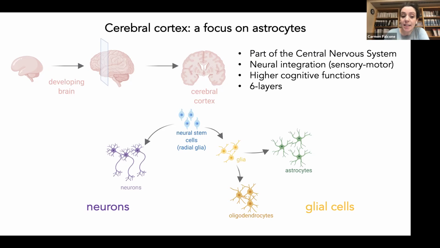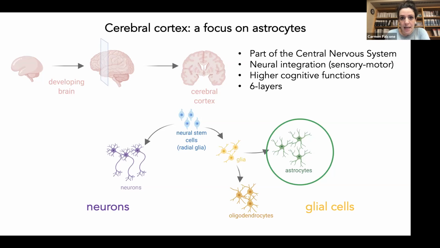On the one side, they give rise to neurons first, usually in mammals, and then they can give rise to glial cells. You're probably mostly familiar with neurons, but I've focused my whole career on glial cells and specifically on astrocytes. There are also other types of glial cells like oligodendrocytes and microglia, but I've been studying mostly astrocytes since the beginning of my PhD and then also postdoc.